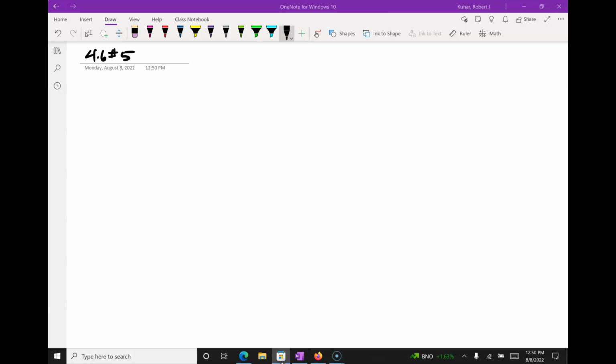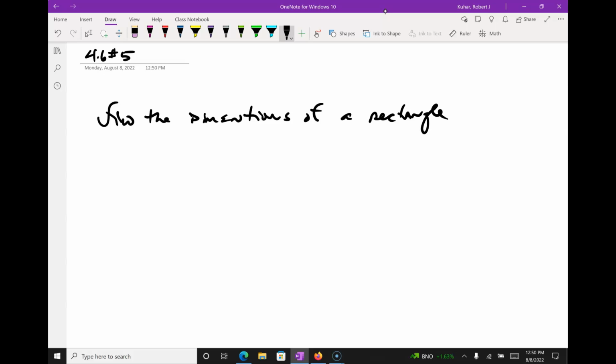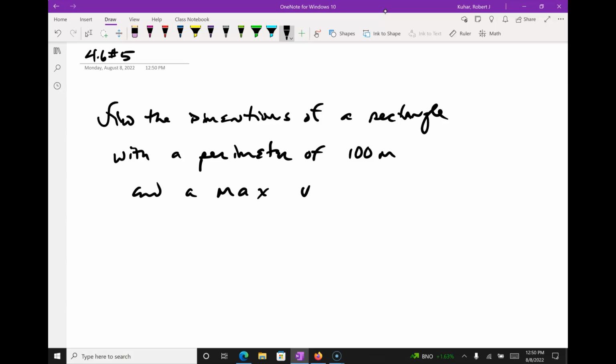We want to find the dimensions of a rectangle with a perimeter of 100 meters and a max volume. Max area.